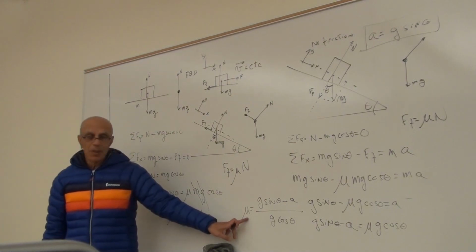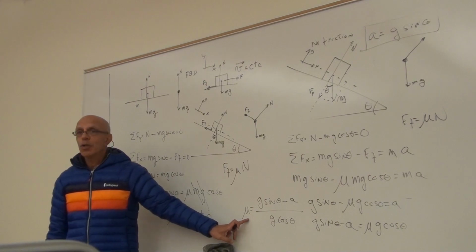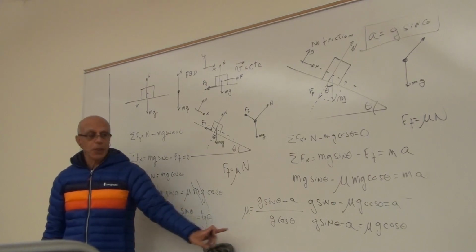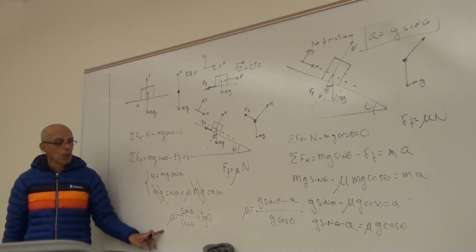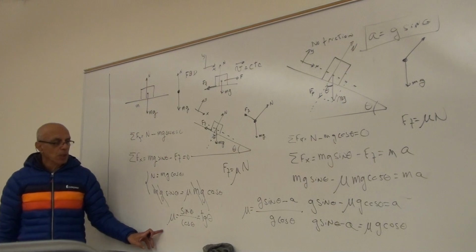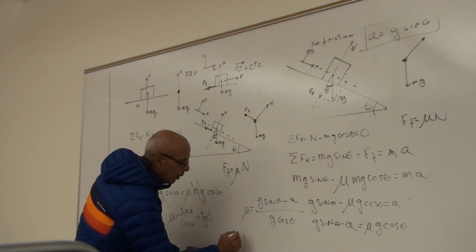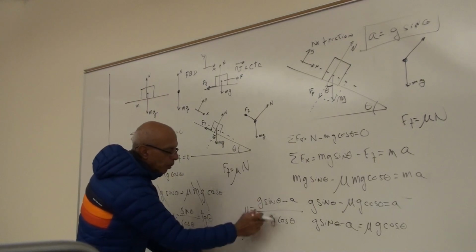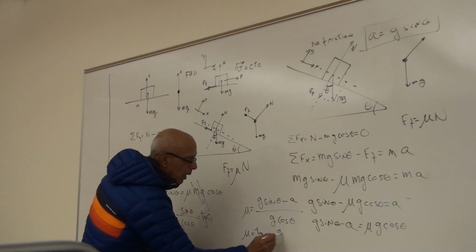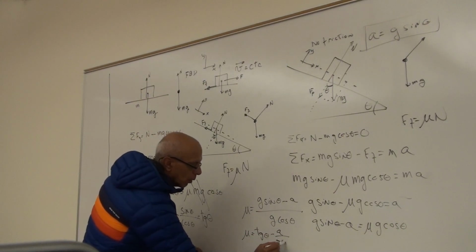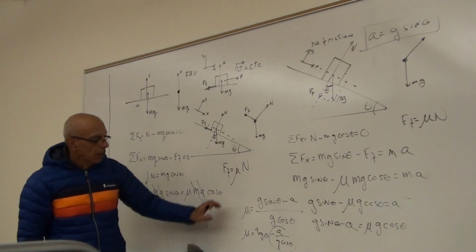So now the coefficient of friction, you see, is not going to be the same as this one here, right? If I do some further calculations, I can divide this part, and it is going to be tangent of theta minus a over g cosine theta. So I have an extra term here, right?